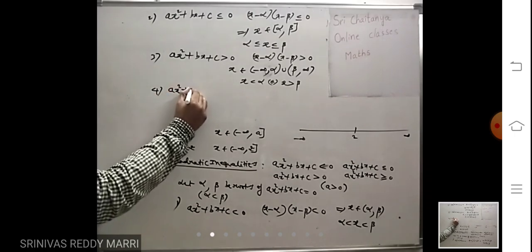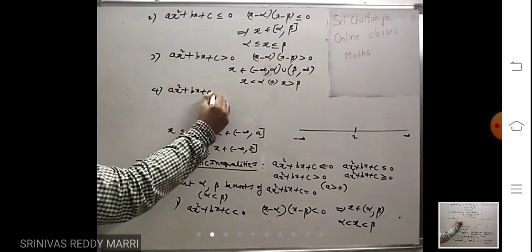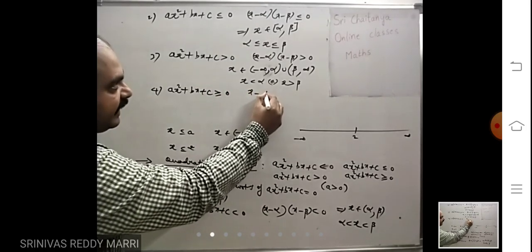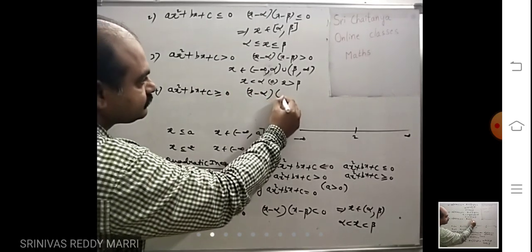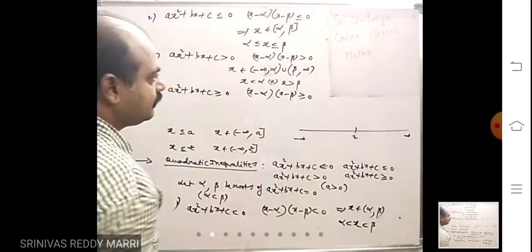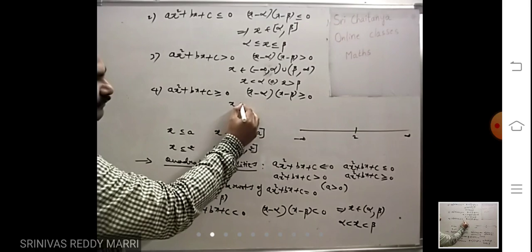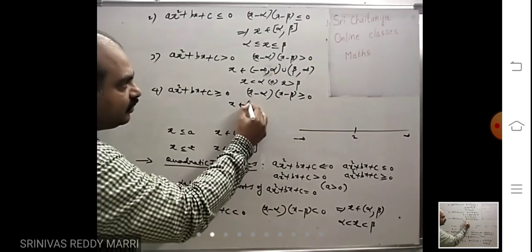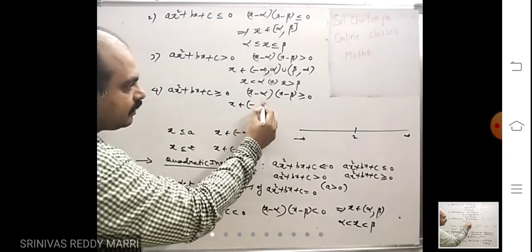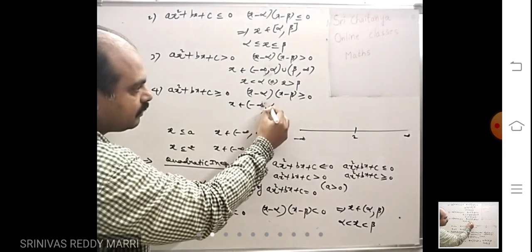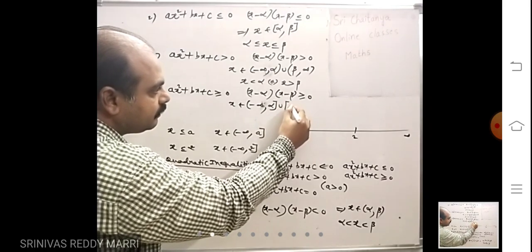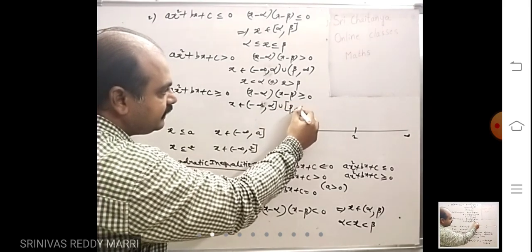Suppose greater than or equal to 0. Greater than or equal to 0 means we will factorize like this. So if equal to is there, just include alpha in a closed bracket, union beta comma infinity.